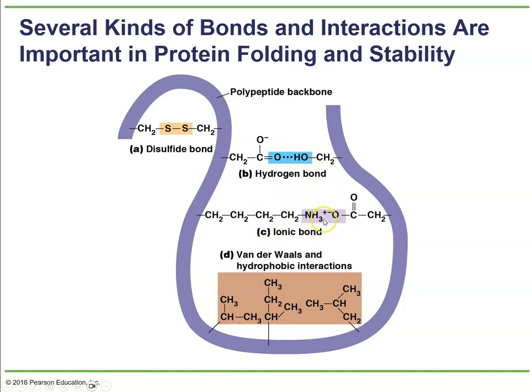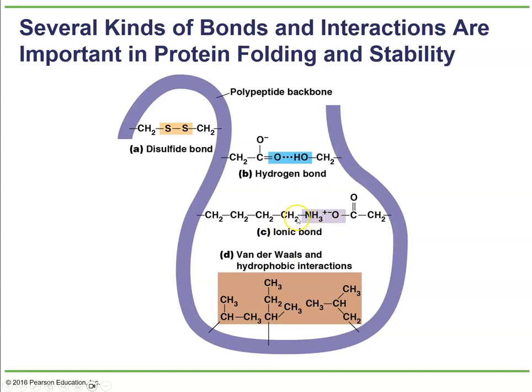Ionic bonds are where we would see full positive and full negative charges. So not partially positive, partially negative things. It's where there's an entire full change in the charge, and those would be creating these salt bridges, for example, or these positive and negative charges coming together. So that would be an ionic bond. That's a very strong type of bond.